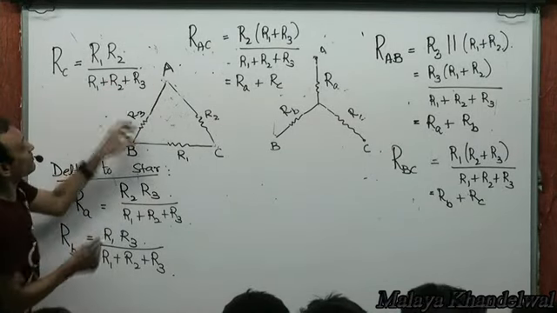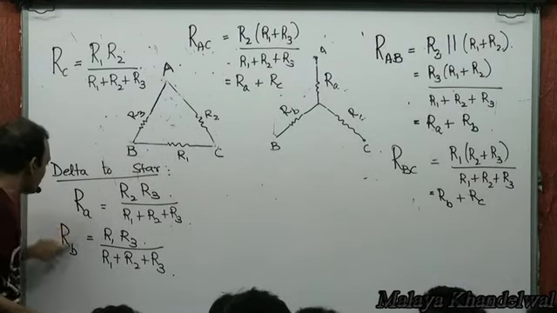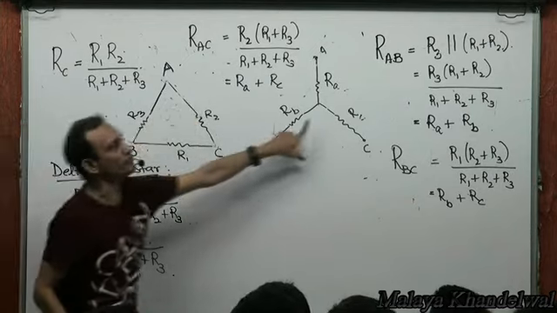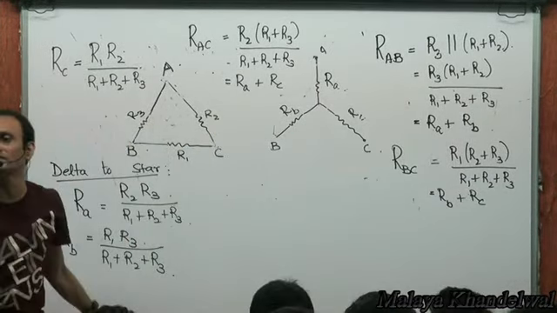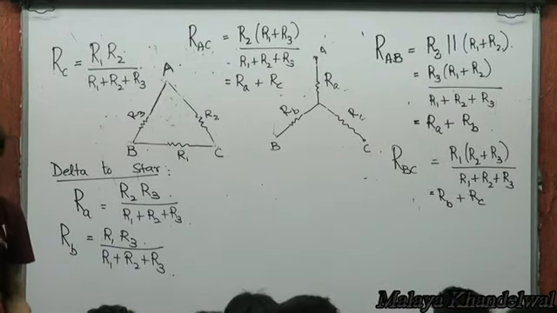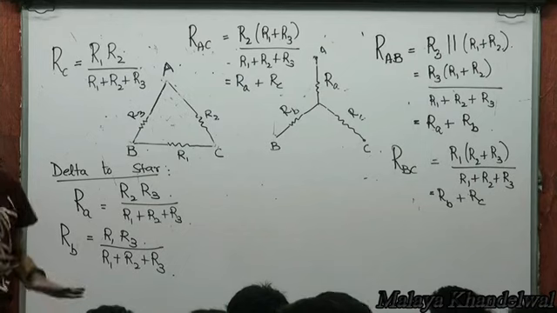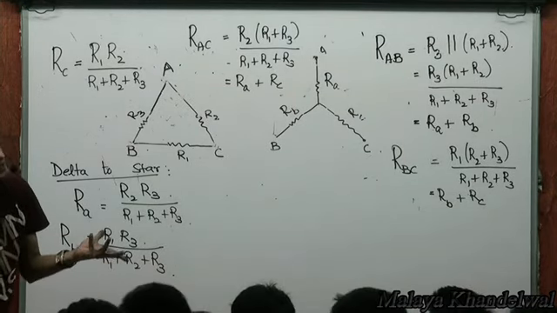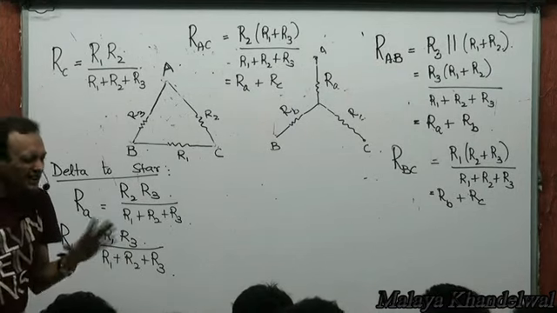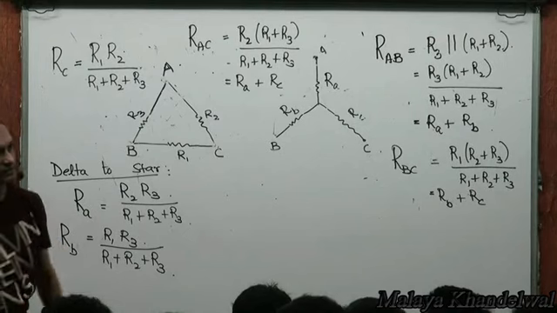So given R1 R2 R3, that means given delta, you are finding RA RB RC, that means you are finding the equivalent star. From delta to star. These are the conversions from delta to star. Then each delta could be converted into a star if required. Ideally, that will not happen, but every delta could be converted into a star, right?